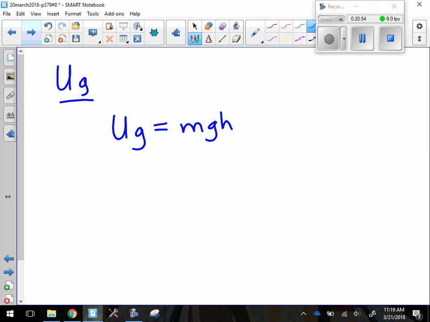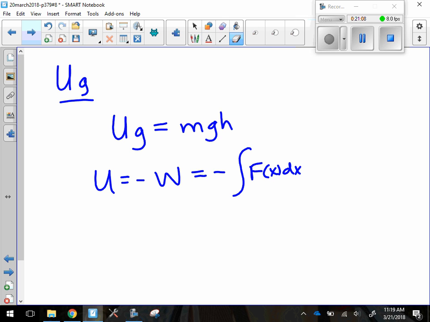I can go with that. And if I have a non-constant force, how do I write work? Yeah, the integral of f of x dx. Or actually what I'm going to write it as here is f of r dr. Because all I'm talking about is the separation between two things.